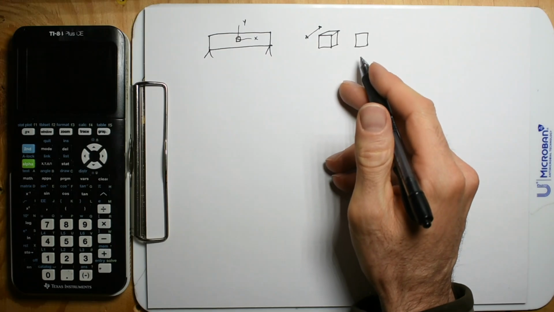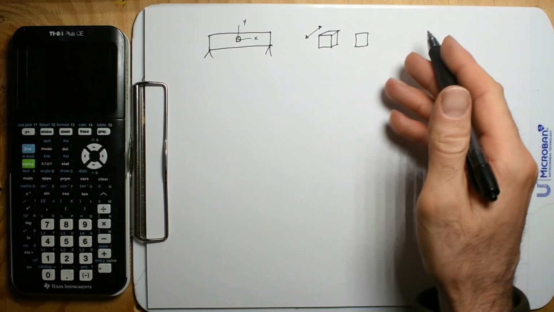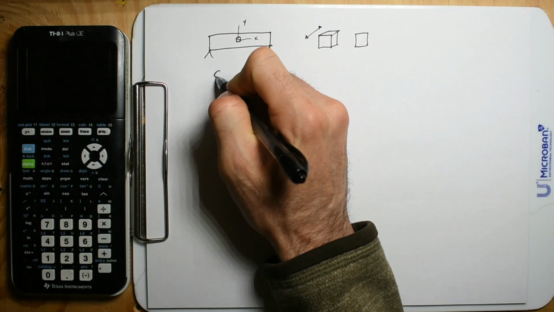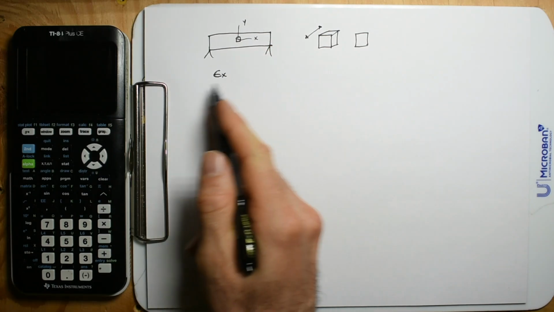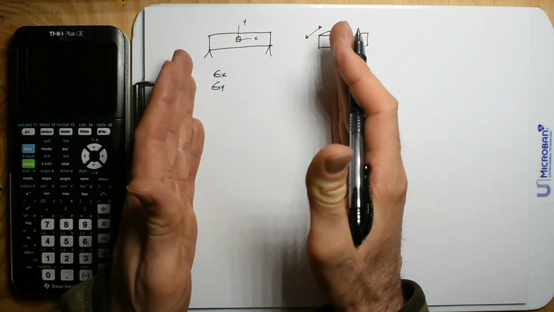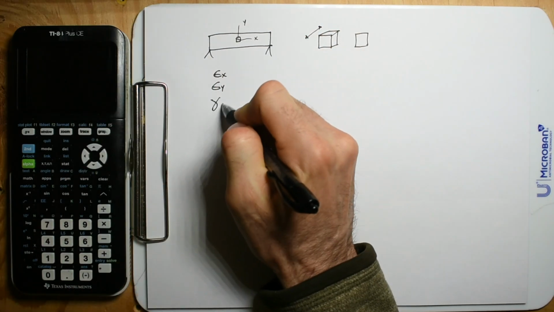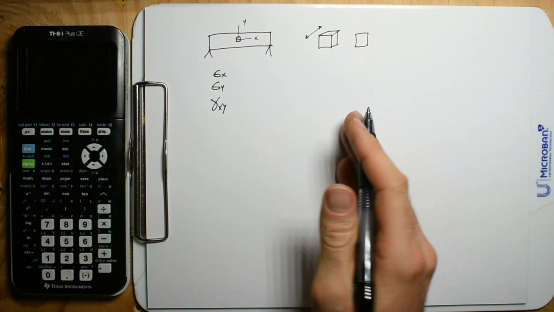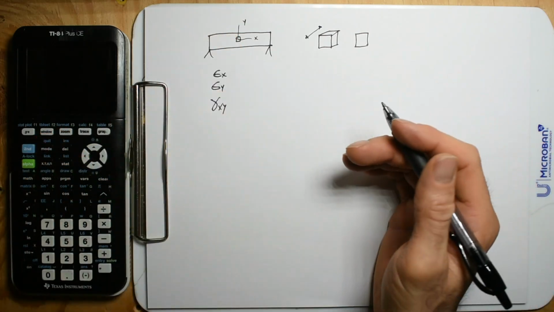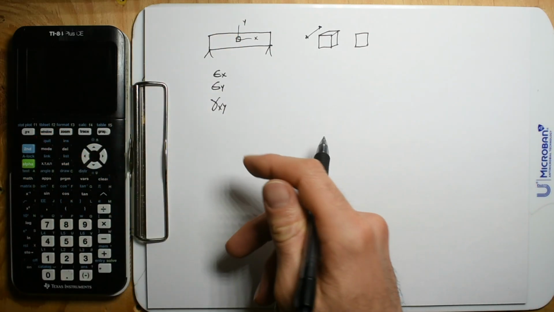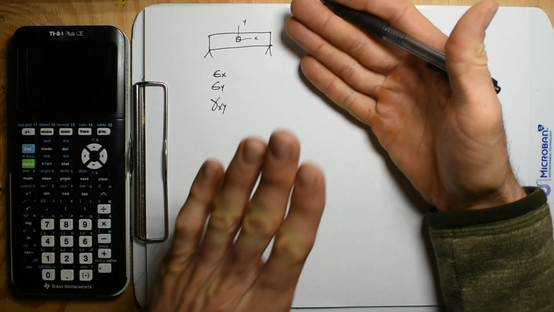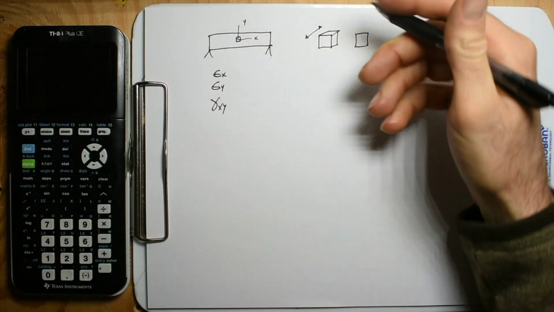And this is a huge disclaimer, because this whole chapter is in plane strain. So we're going to have a change in length in the x, a change in length in the y, and an angle rotation about the xy plane. But no angle rotations about the other two planes, and we don't have any change in length in the z.